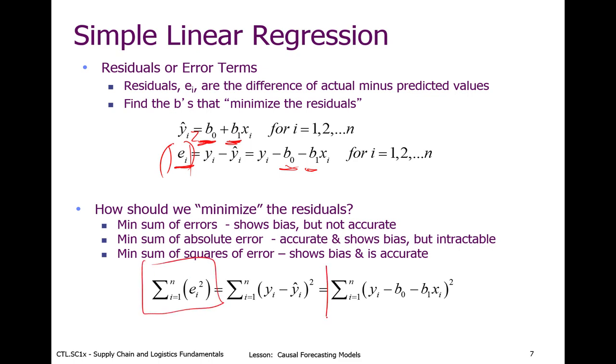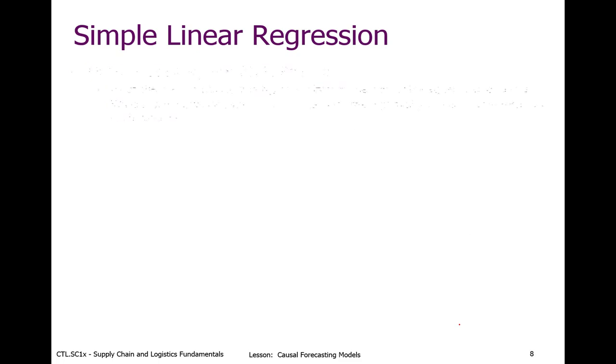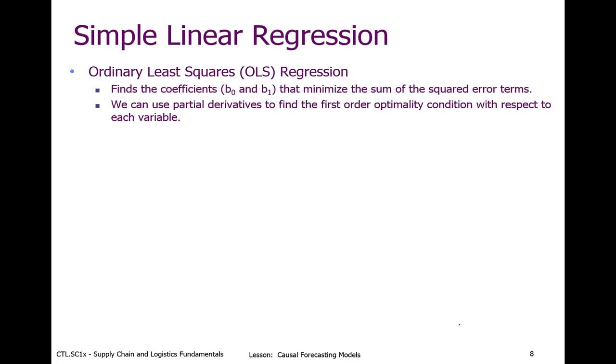So you can see it's this equation right here, where this is the observed demand for period i, and I'm subtracting off what I estimated, my prediction, beta naught plus beta 1 times x i. So squaring each of those and summing them up, I want to minimize that value. I want to find the b0 and the b1 that minimize that equation.